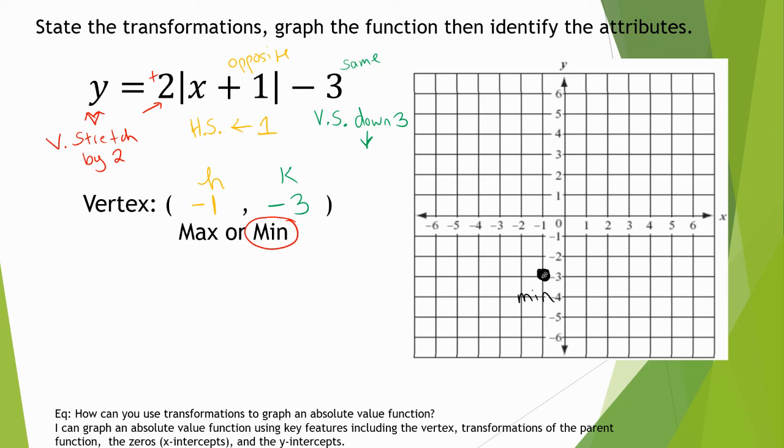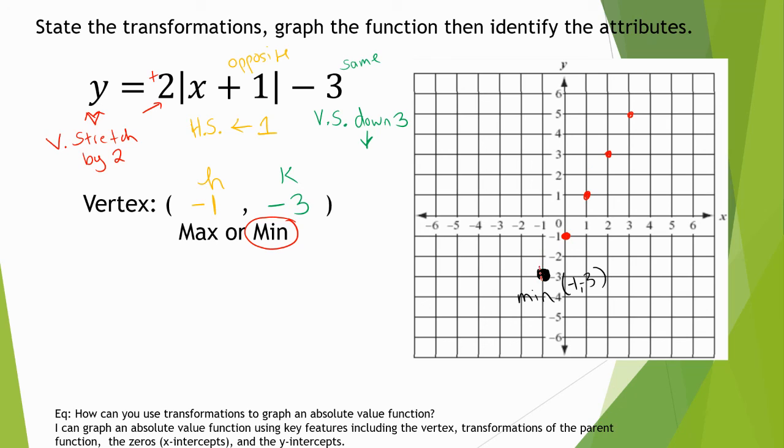Once you have your vertex point, remember that's that -1, -3, based on our shifts, we're going to stretch it with our 2. So normally we would go up 1 over 1. Instead, we're going to go up 2 over 1. And we're going to keep doing that. Up 2 over 1, up 2 over 1, up 2 over 1.